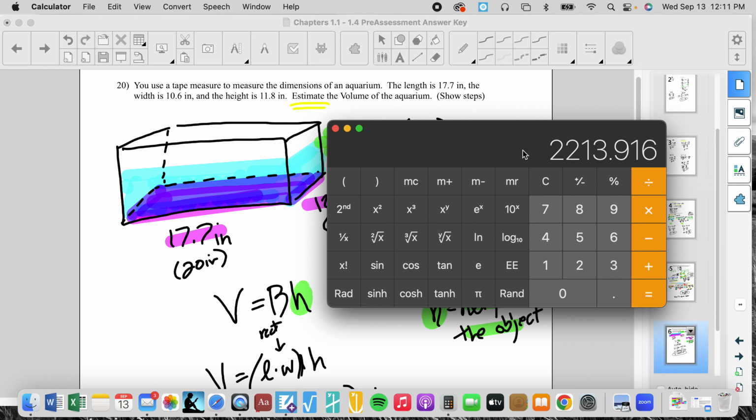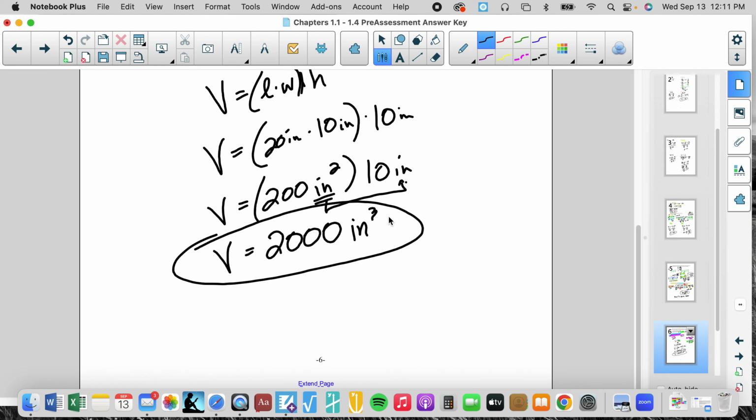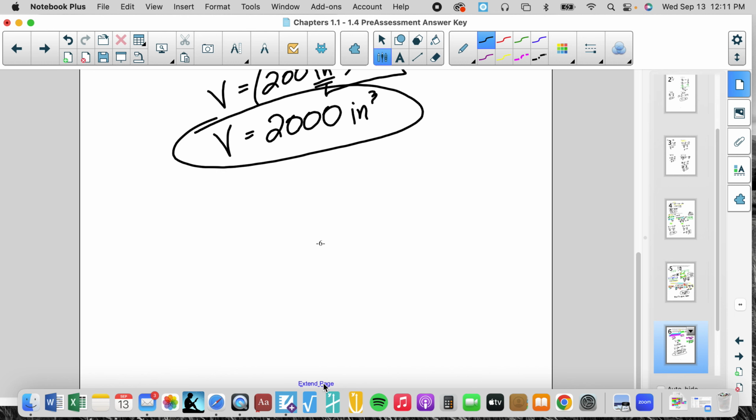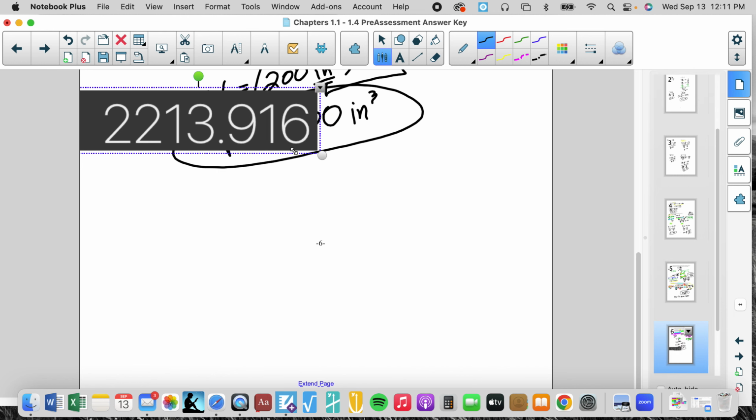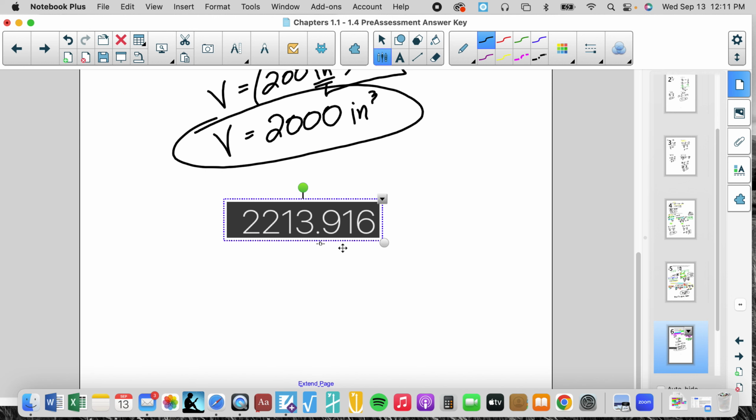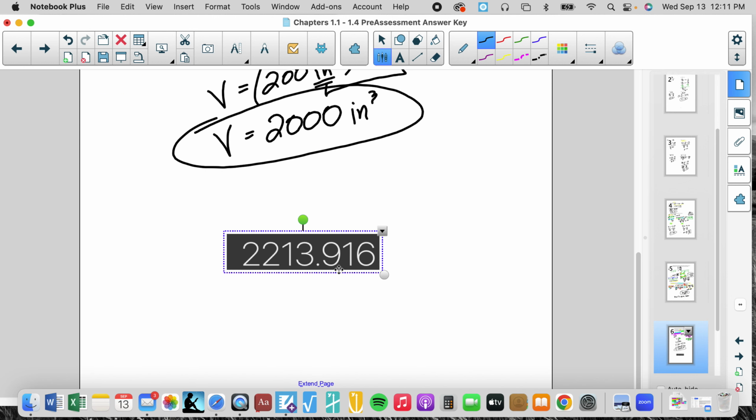That's very reasonable. But what we need to understand is if we were going to estimate that value, the most accurate number that I could provide, this is the actual value. So this is the actual, this is the estimated.